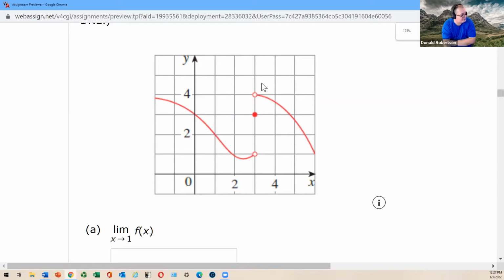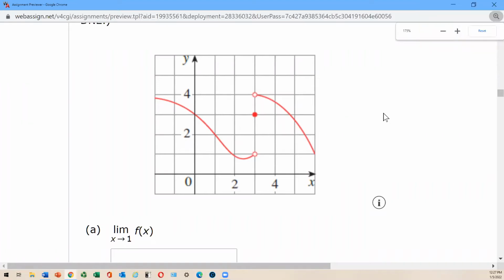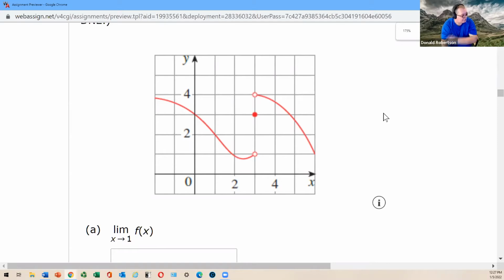Now, there's something fun going on in the 3 one. What is the left limit as x tends to 3? DNE. 1. Now, you're going to say, and I can understand it, that there's a circle there and circles means it does not exist. Well, that's for the value of the function, but it's not for a limit.